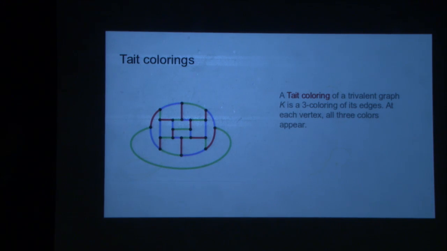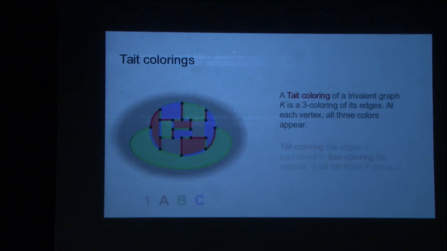And to be a Tait coloring, at every vertex, all three colors must appear. At every trivalent vertex, red, green, and blue all appear. The question of whether you can Tait color a planar trivalent graph is exactly equivalent to the question of whether you can four-color the regions of the graph.